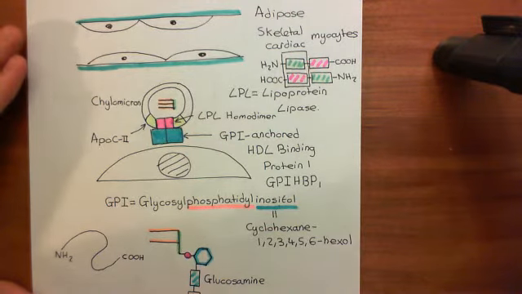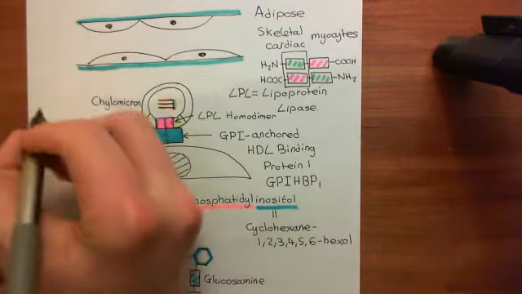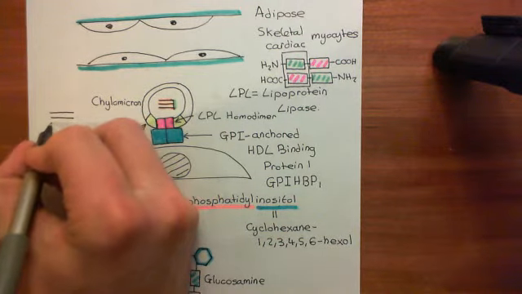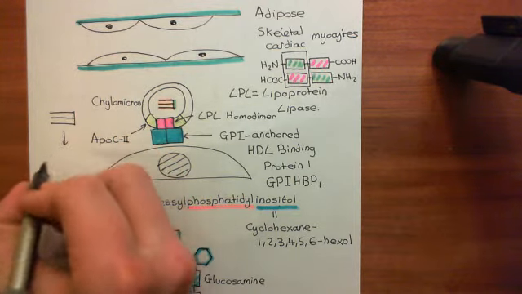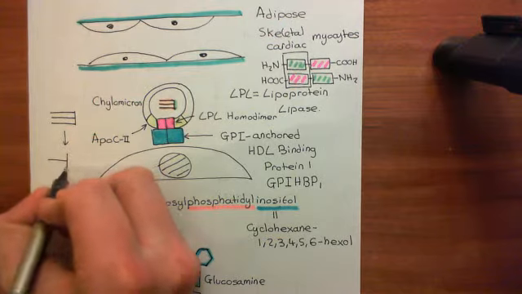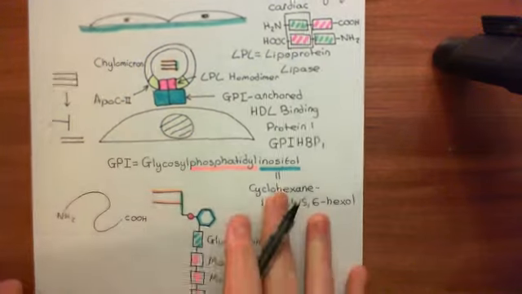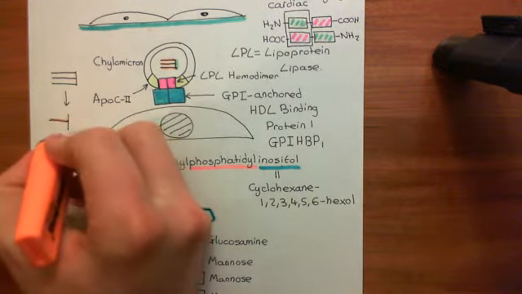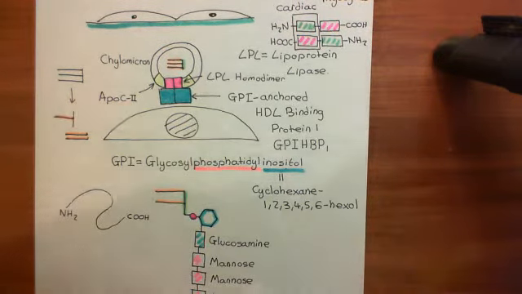Now what's it going to do? Well, it's going to do the same reaction as pancreatic lipase. It's going to take the triacylglycerol molecules here, and break them down into a 2-monoacylglycerol and also fatty acid molecules. So here is the 2-monoacylglycerol, and here are the 2 free fatty acid molecules.